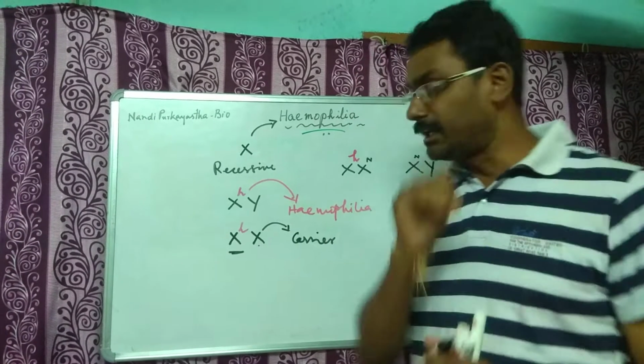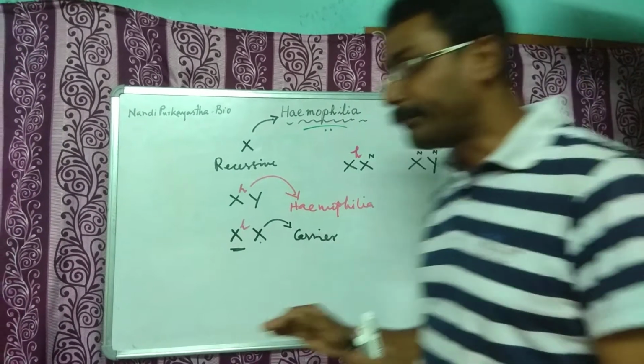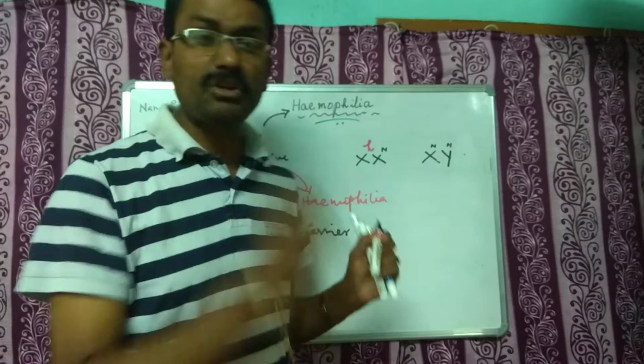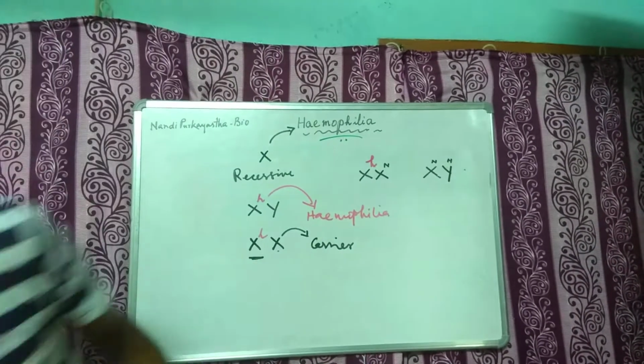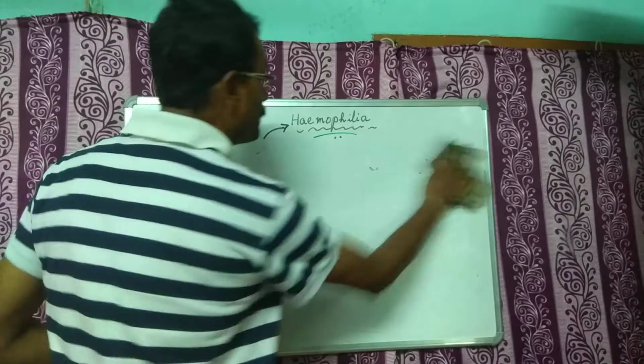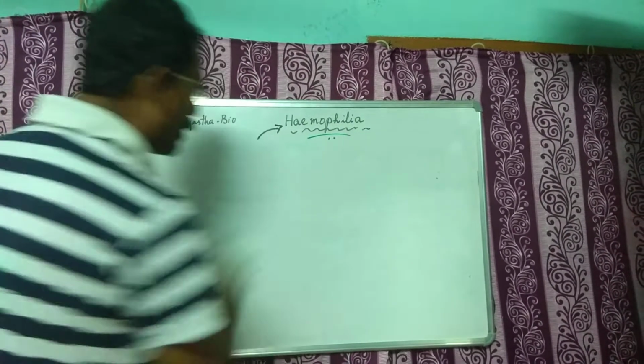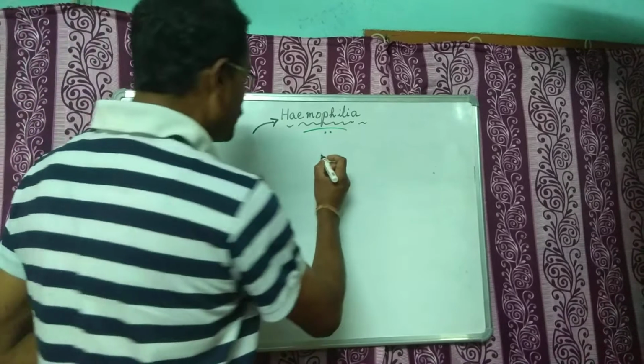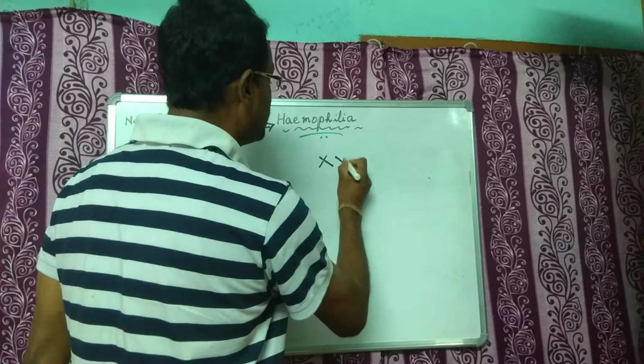Let's have a little idea about how that happens. Then it becomes very clear how the process works in human beings. Suppose you take the example of a male, normal.